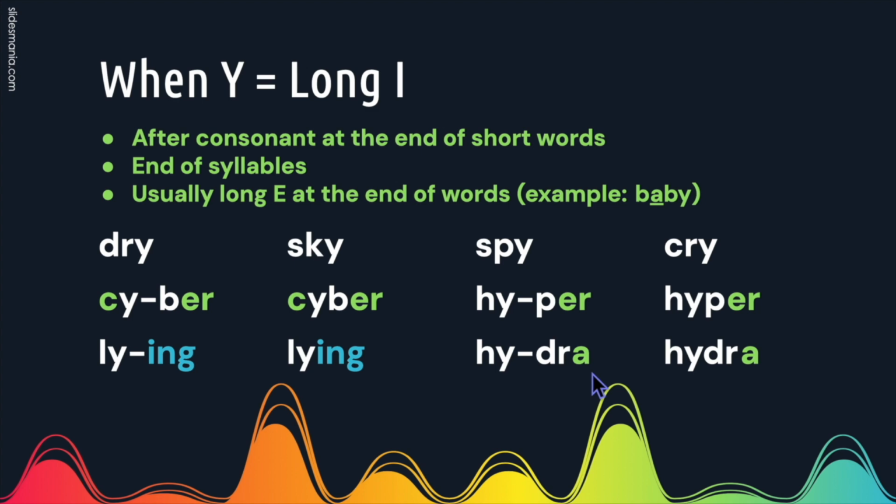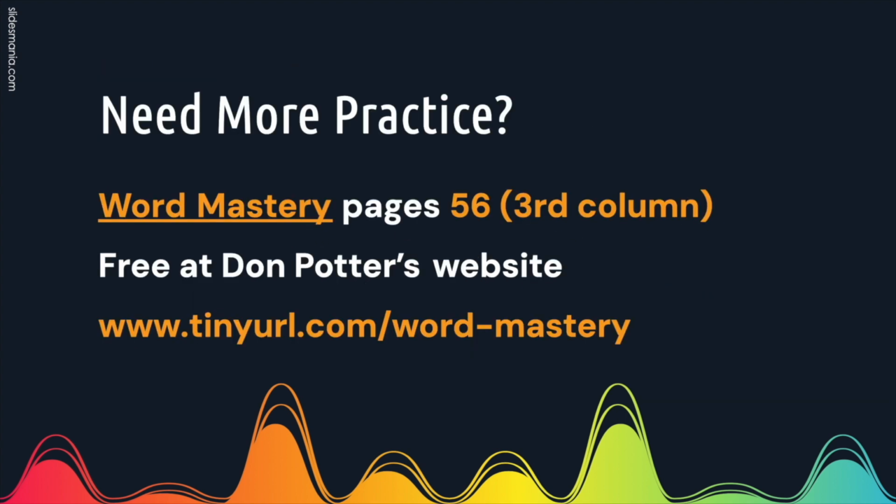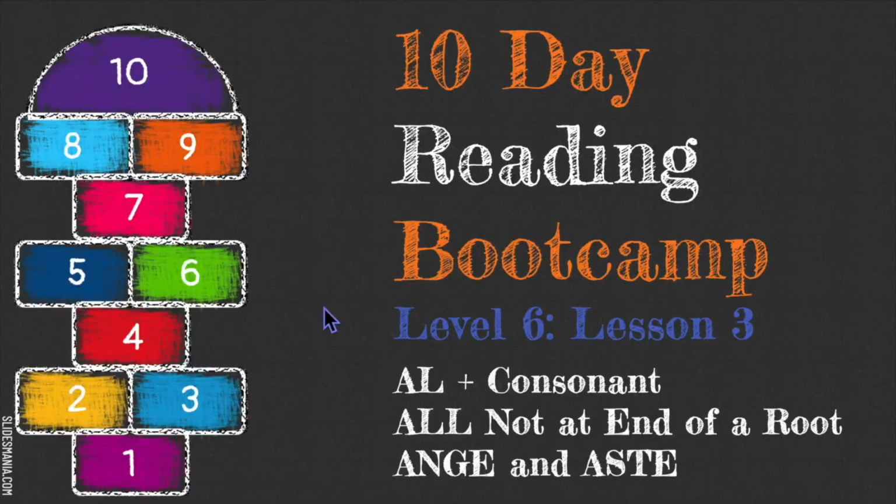Notice that A at the end of a word usually schwas to a muffled sound. That's why it's hydra. At the end of a long word, a Y will usually have a long E sound, like in the word baby. If you need more practice, you can do the third column of page 56 in Word Mastery.